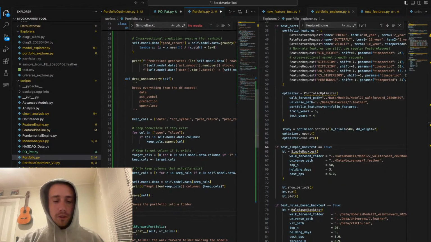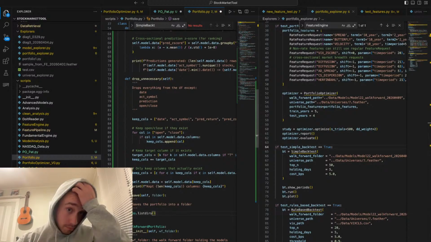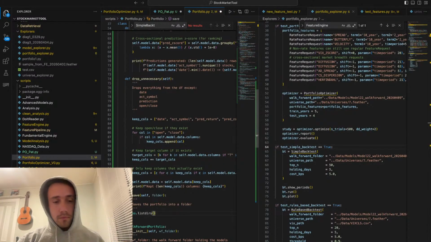Okay, so what do we want to, so first OS save, and let's pass a folder argument in. Oh, M-A-K-E, that's kind of confusing. mkdir and makedirs.